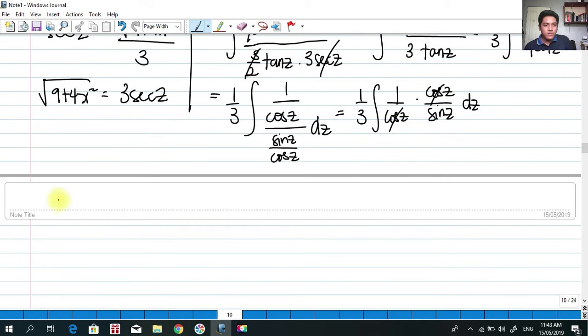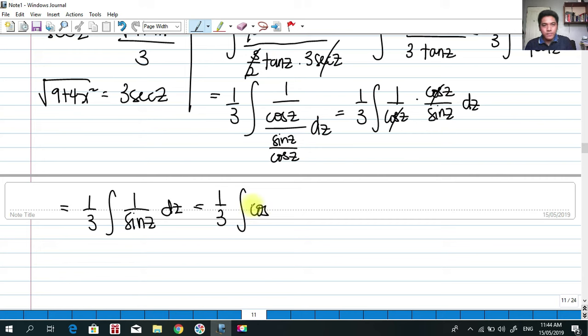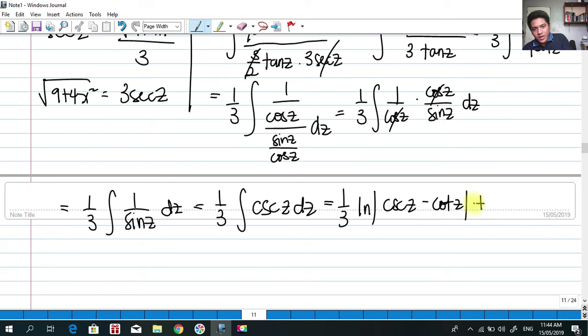So we have now 1/3 of the integral of 1 over sine of z dz, and 1 over sine is cosecant. So the integral of cosecant of z dz is 1/3 ln of the cosecant of z minus cotangent of z plus c.